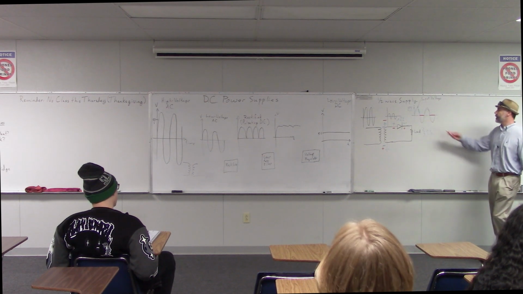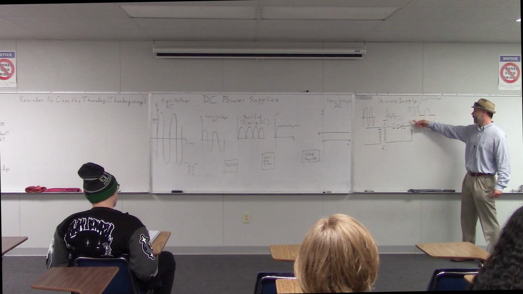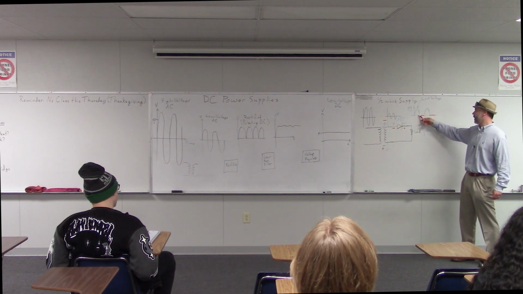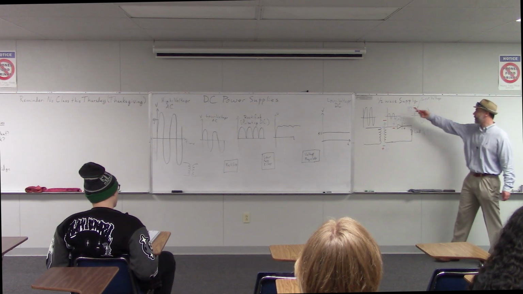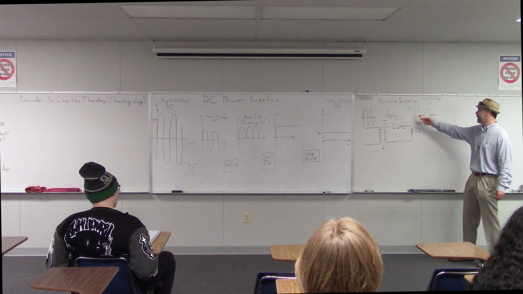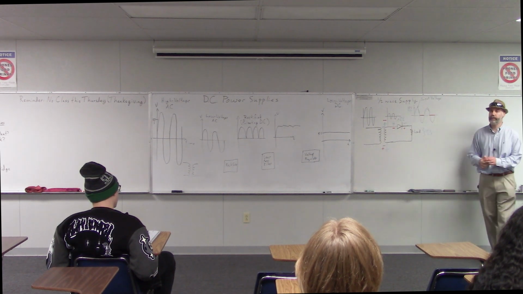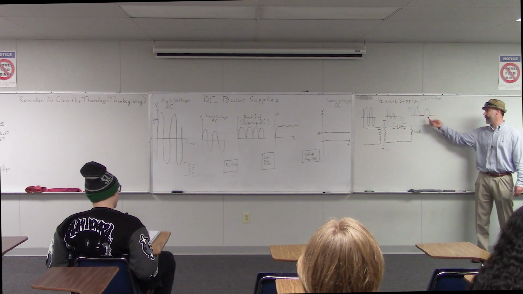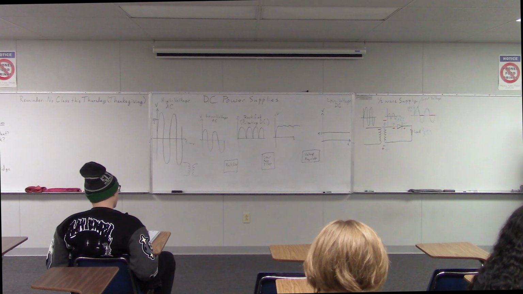So this is the voltage that we would see across our load. When the input voltage was positive, we'd see a positive voltage there. And when it's negative, we'd see nothing. So this is why this is called a half-wave power supply, because it only captures the positive half of our incoming wave. And it just gets rid of or disregards the negative half. Does that make sense?